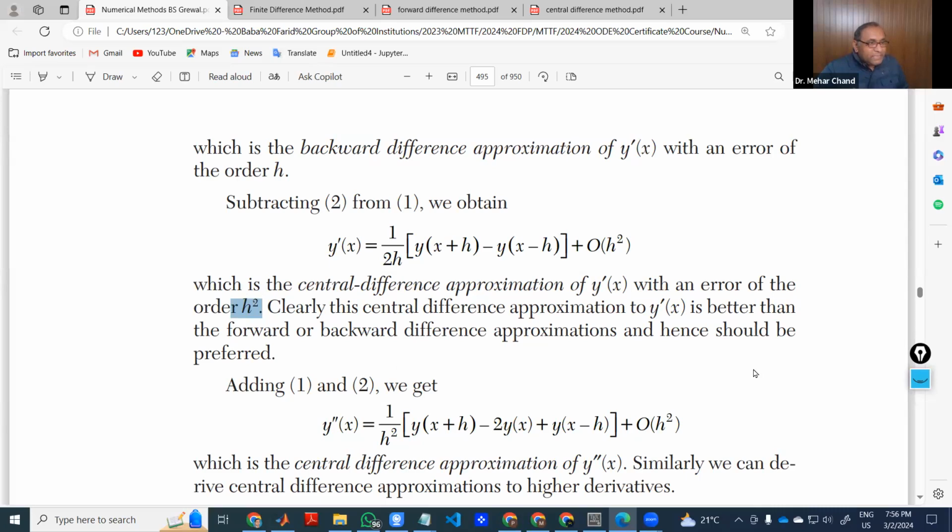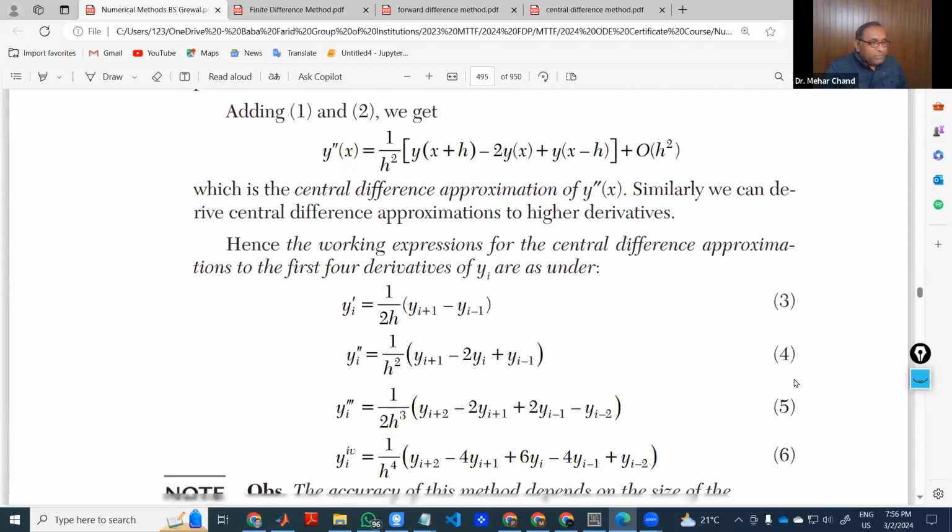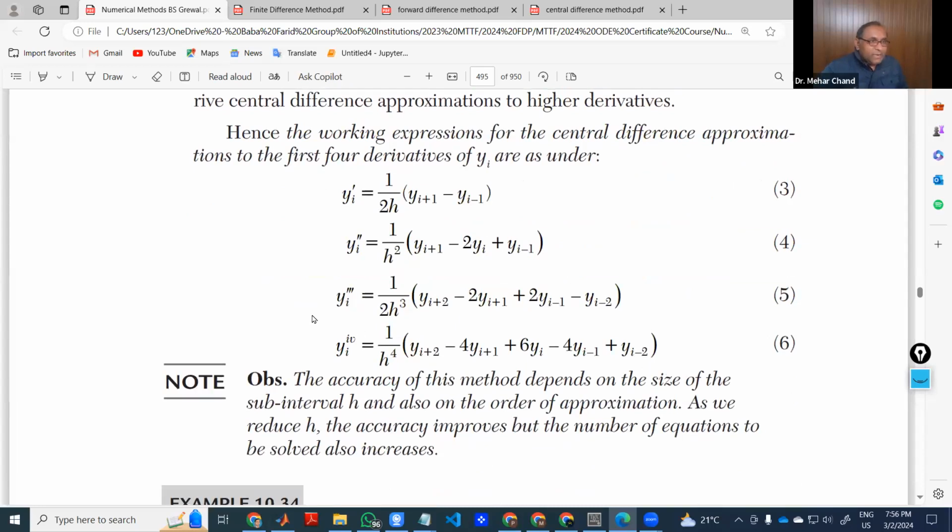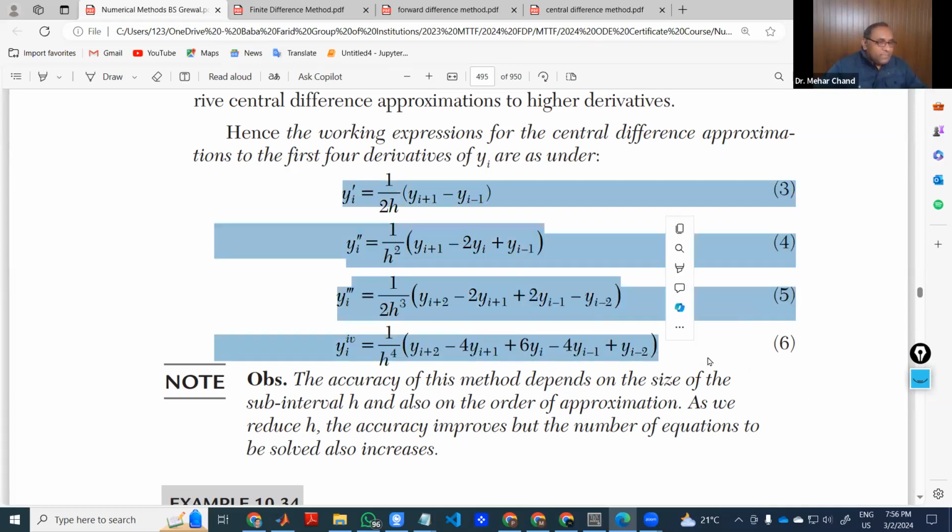From these you can easily extend to second order, third order, and fifth order, whatever. You can see equations 3, 4, 5, and 6, for third order, fourth order, fifth order, and so on. You can use it for any order. Only this information is not sufficient for us. For understanding it's okay, but for implementation this is not sufficient.